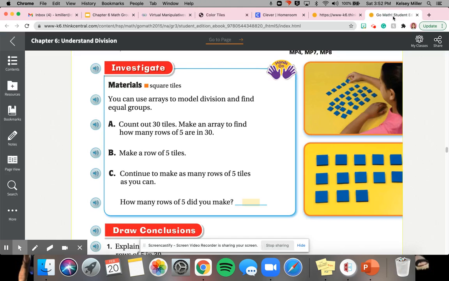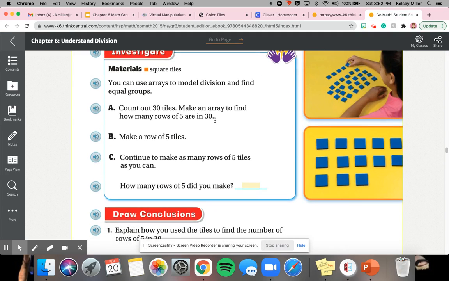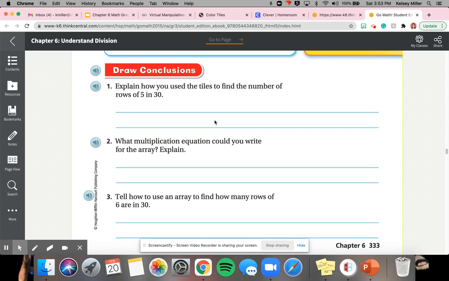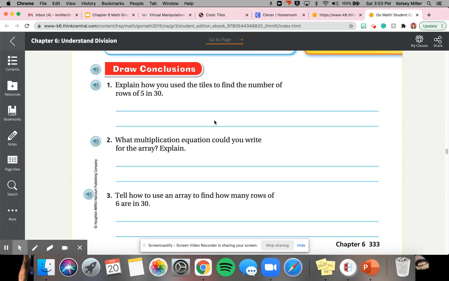Now, if you look under where it says draw conclusions, we have 3 questions to answer. And these 3 questions just want you to explain what you did. So number 1 says, explain how you use the tiles to find the number of rows of 5 in 30.